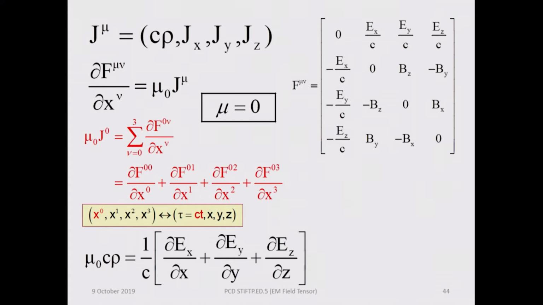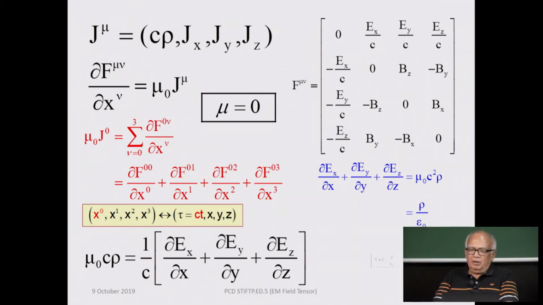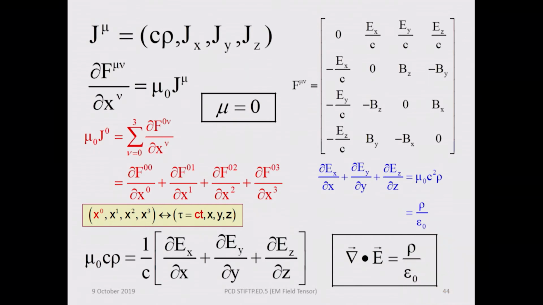On the other side you have mu 0 j 0, but j 0 is c times rho. If you rearrange this equation, you have del Ex by del x plus del Ey by del y plus del Ez by del z equal to mu 0 c square rho. But what is mu 0 c square? It is 1 over epsilon 0. So, that is what gives you the first equation.